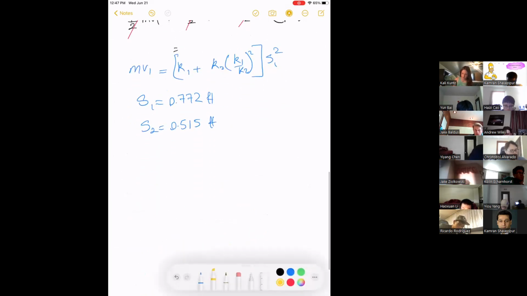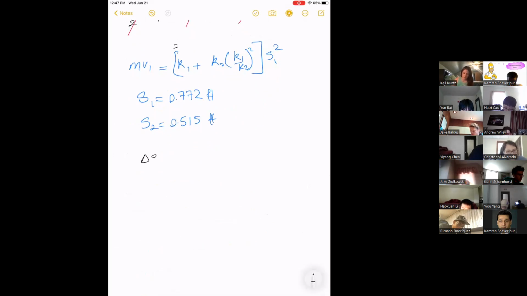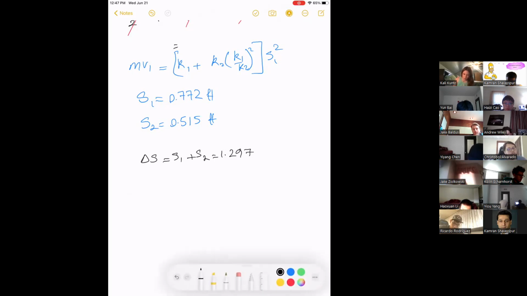So your delta S is going to be S1 plus S2, and will be 1.287 feet.